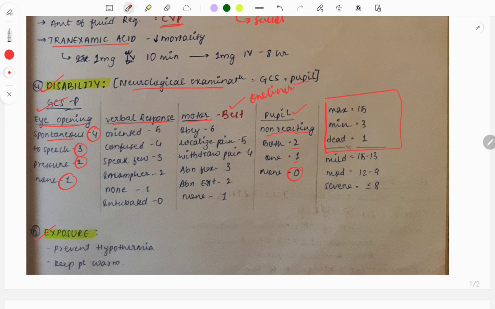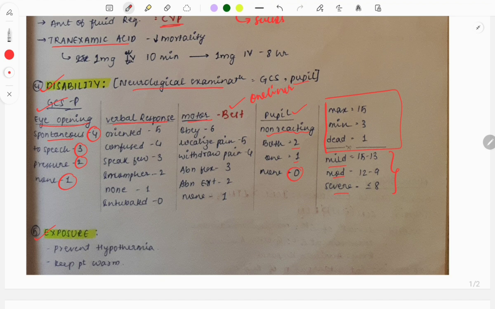Maximum will be 15 points and minimum is 3 points, and in a dead patient it will be 1. So by calculating these points you need to classify your patient into mild, moderate and severe. So if your patient falls in these categories, by using the number you will be able to classify them.